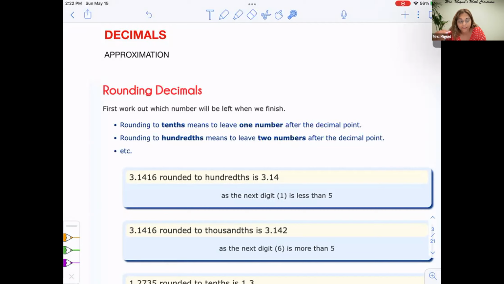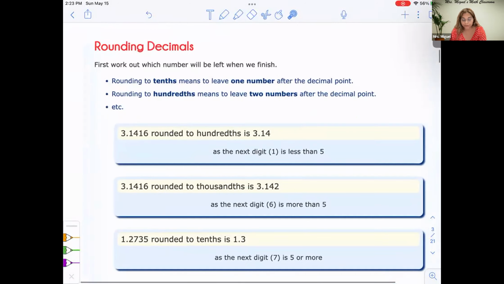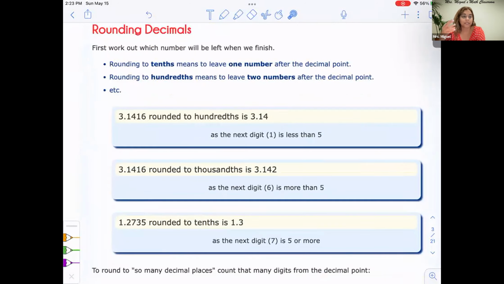Now, students have a lot of difficulty, and I feel approximation, no matter how many times it is done, we have problems approximating to decimal places, to significant figures, to whole numbers. Because when we are given a question and we have to fill in the missing digit with a 0, we sometimes don't do that. What I want you to remember, when you are approximating a number, it must make sense.